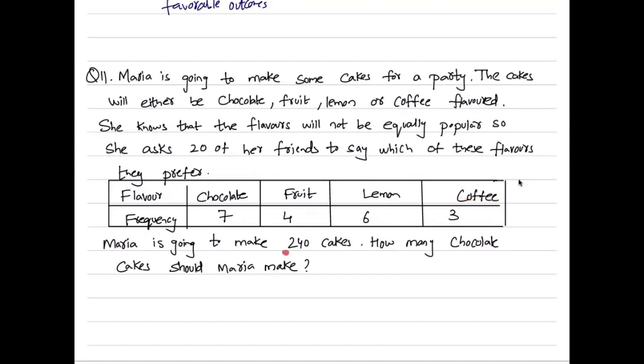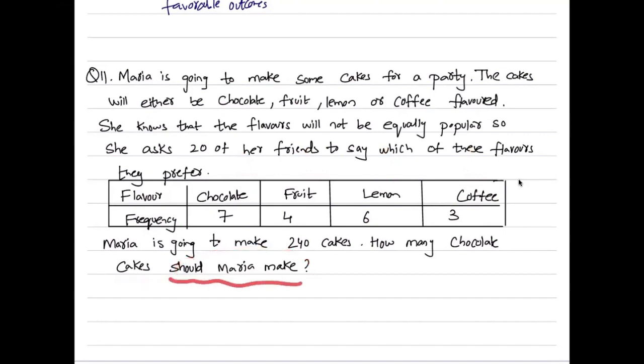Maria is going to make 240 cakes. She has in her mind a target of making 240 cakes, but she is not going to be making an equal number of each. She is going to be making the number of cakes based on the result she got from calling her friends. How many chocolate cakes should Maria make?